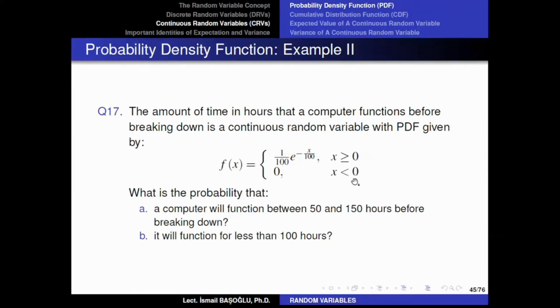In fact, if I ask you how much time did your computer work before the first breakdown, you cannot say, for example, -5 years or -2 years. So it can either be positive or it can be 0 as well. I mean, you can purchase the computer and it may immediately stop working.